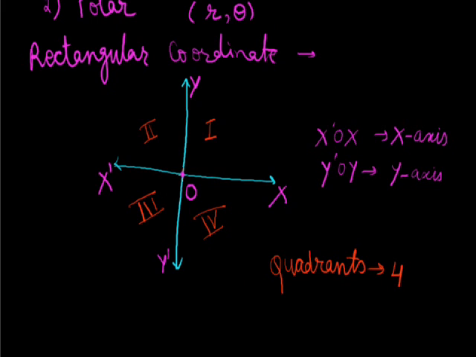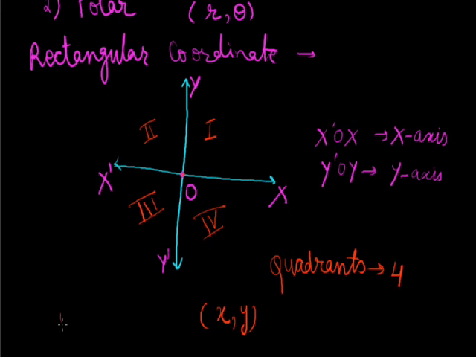The origin has the coordinates 0 and 0. That means this is our starting point, in which displacement in the x direction and the y direction is 0. And if any point moves in the two directions, its location can be named by the ordered pair x, y.